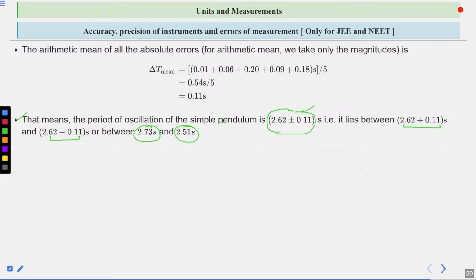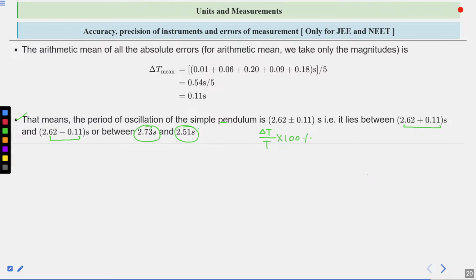So to calculate the percentage error, first of all we find out the mean absolute value. Here we consider delta t, suppose, divided by t and multiplied by 100%.